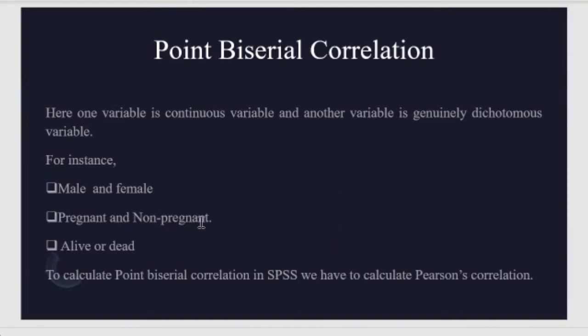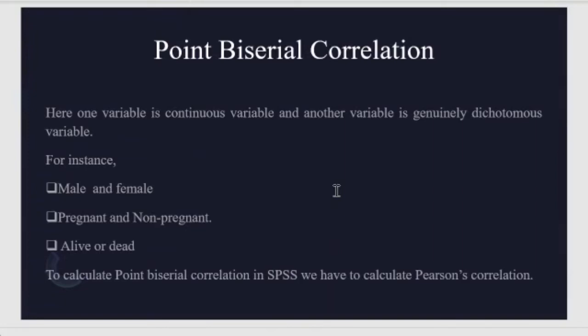Or dead or alive, there is nothing called half dead. We often use such terms loosely, but scientifically there is nothing in between: either dead or alive, either pregnant or non-pregnant.